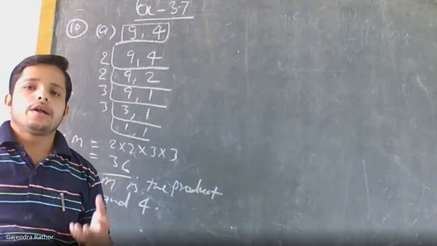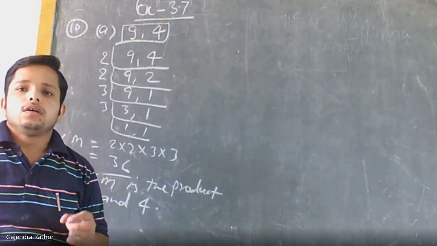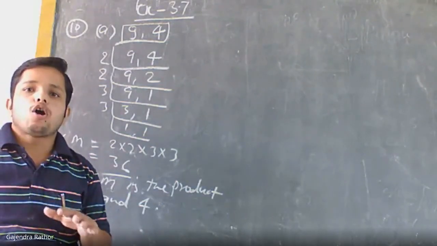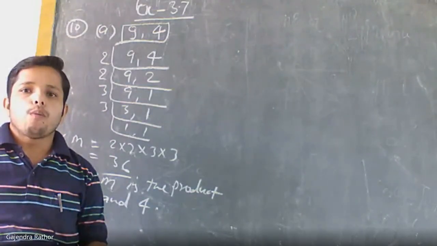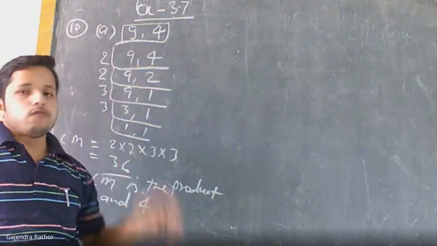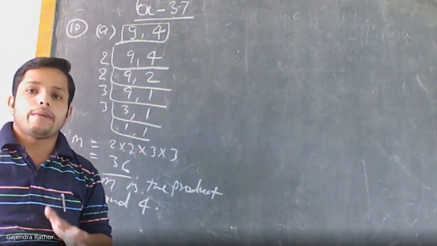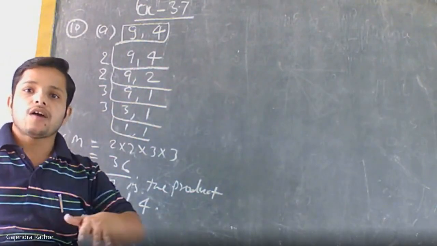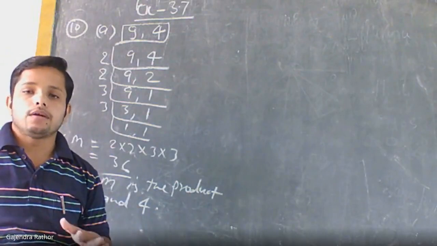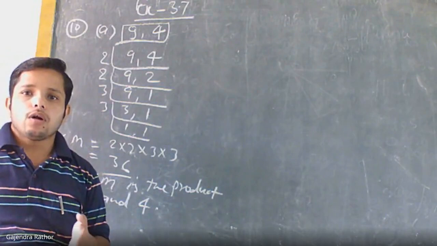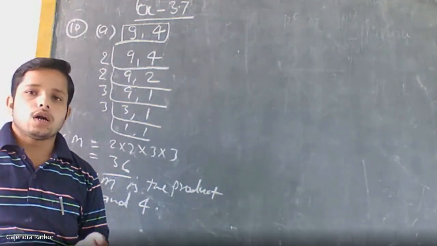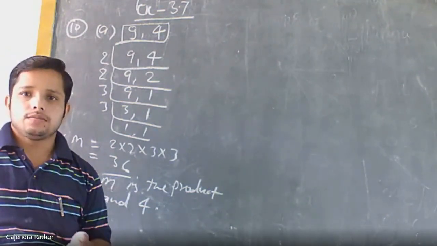Once again, recall, if there is not any common factor except one, such numbers are called co-prime numbers. So 9 and 4 both are co-prime numbers, they have no common factor except 1. So that's why the LCM of 9 and 4 is equal to the product of these numbers.